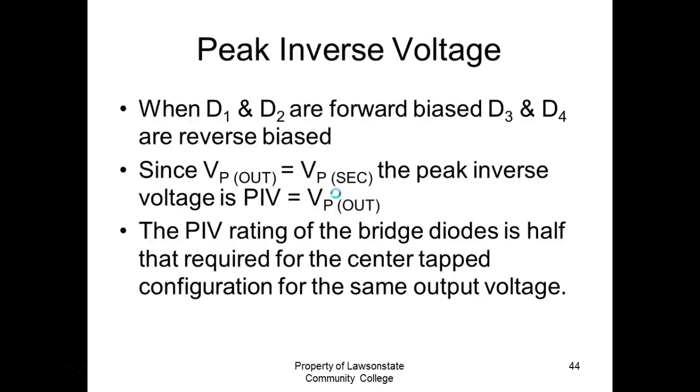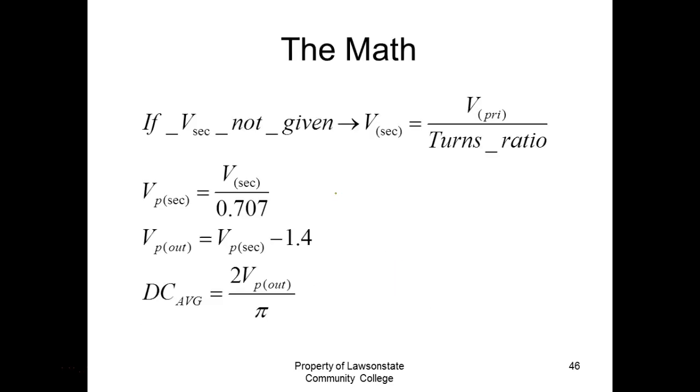Peak voltage. So on this one, remember your diode is going to have to drop peak, right? You understand? So when you get the PIV rating, what does PIV stand for?